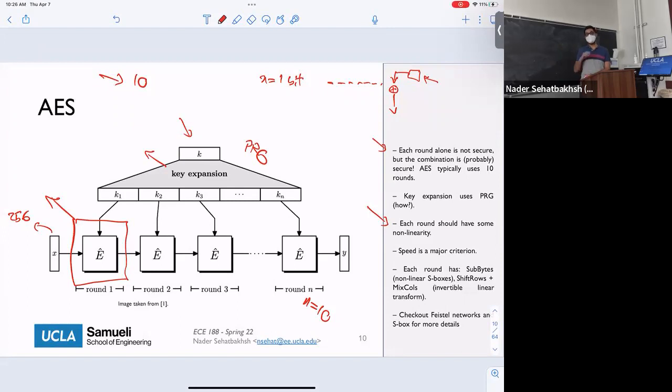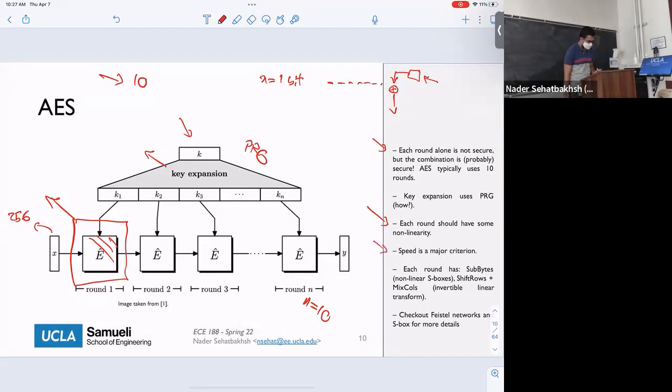So you need some sort of nonlinearity in each round, otherwise the system is never going to look random. This is the same thing that happens for every known algorithm that has been used for encryption. It has to have at least one nonlinear component in each of the rounds.